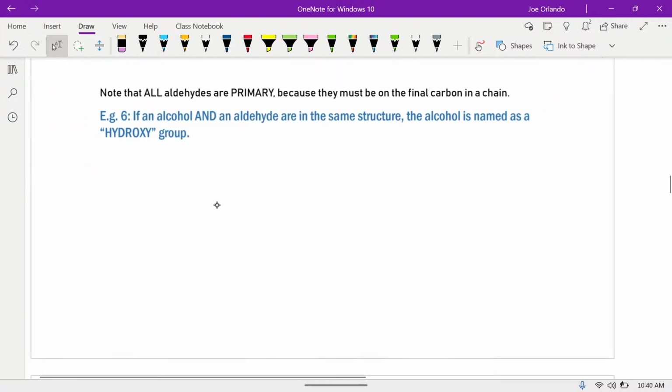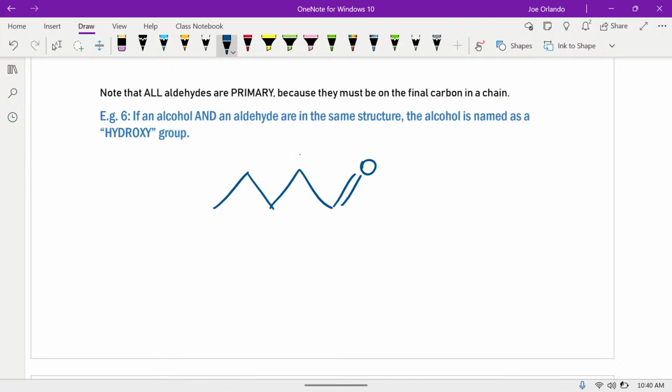Now, sometimes you'll get a situation where you have an alcohol and an aldehyde. We consider that an aldehyde, and this becomes now a side chain. When there's a more important functional group, we now consider this a hydroxy group. This one can be tricky to remember, all right? But what we don't do is name this as an all-al or an al-all or something like that. Instead, we now put this out in front as a hydroxy.